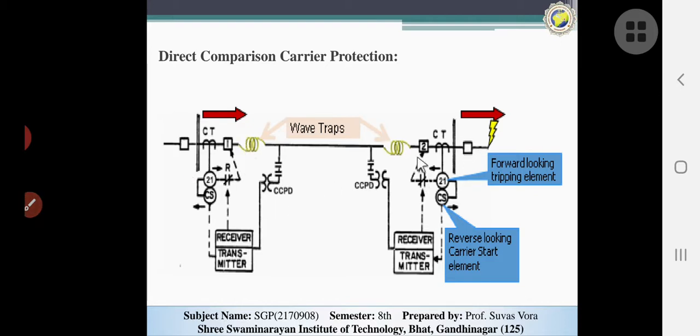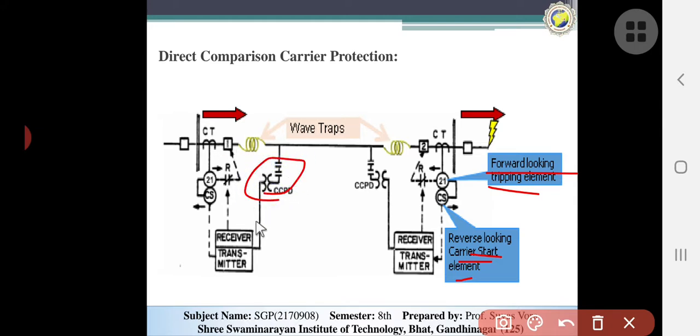If A and B, this one is relay 1, circuit breaker 1 and circuit breaker 2. Here we can see the wave trap, the reverse looking carrier start element, and this wave trap gives the signal, the coupling capacitor will be activated and the relay is not operated.